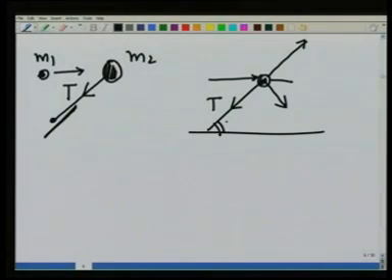If I call this angle theta, then this angle is also theta.